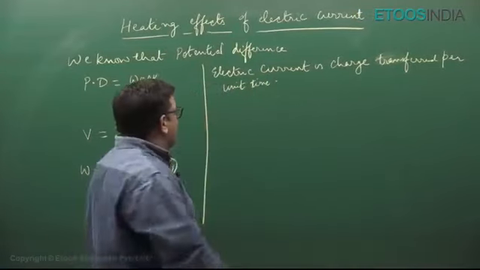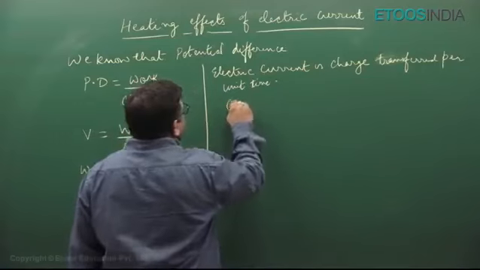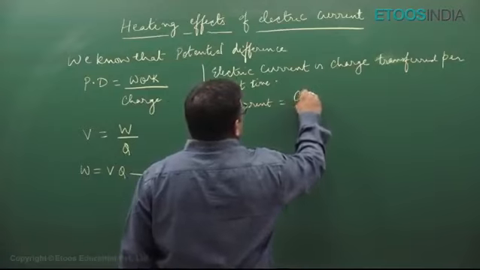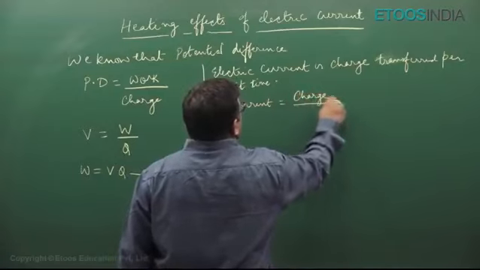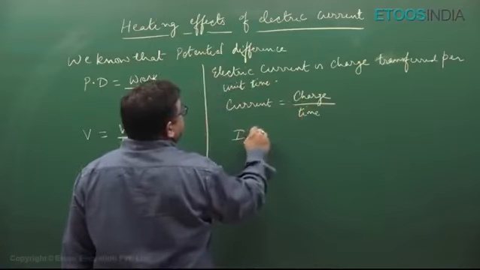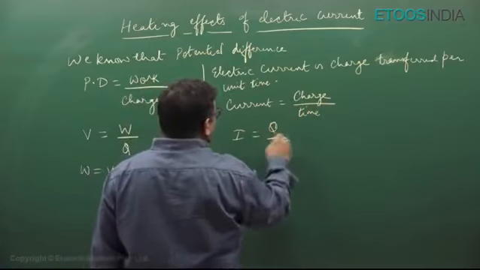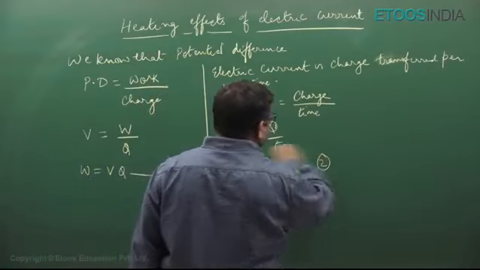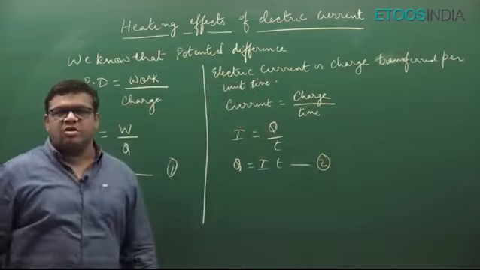So, current is equal to charge upon time, or I is equal to Q by T, or Q is equal to IT. This becomes equation 2. Got it?